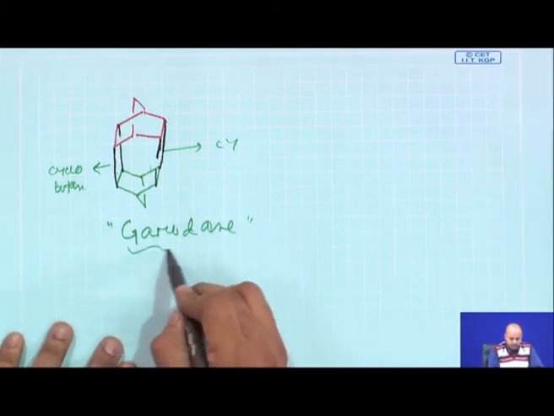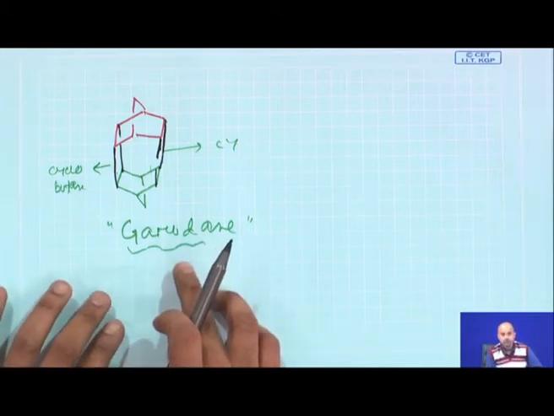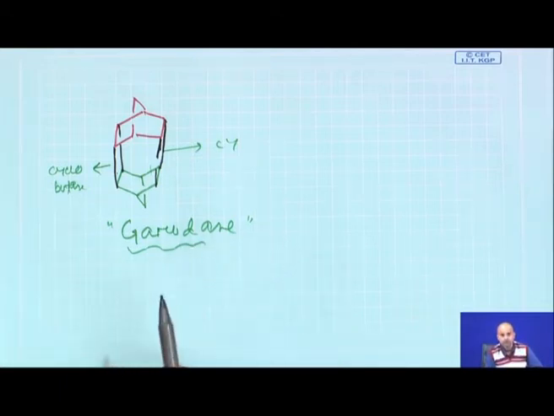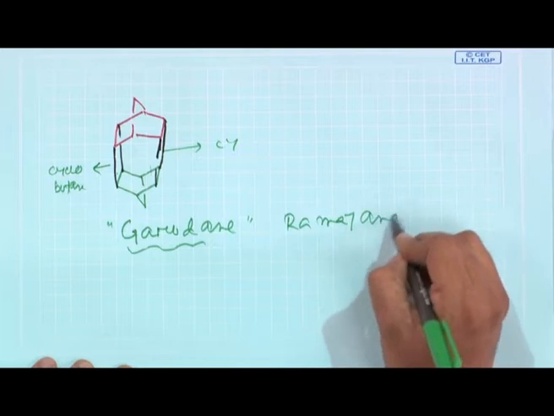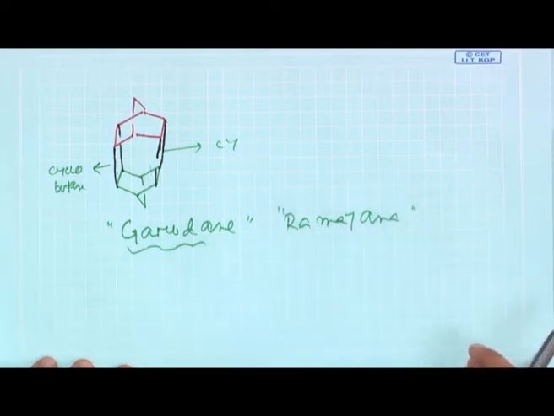It basically reminds you of the Garud, the demigod described in the Indian mythology Ramayana. The Garud is basically a god having 2 wings.